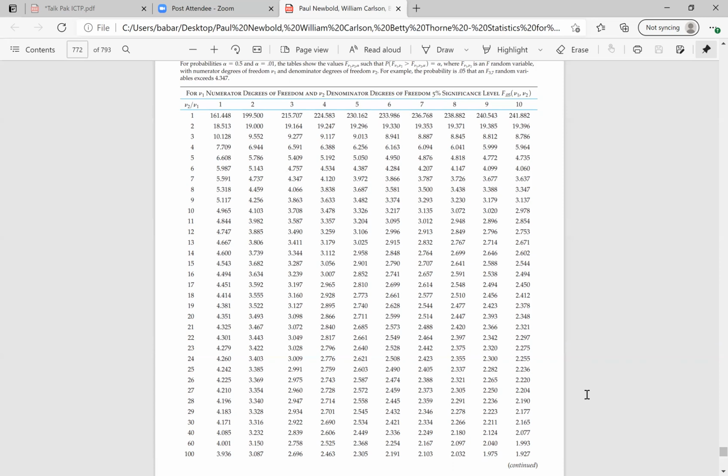So for 3 and 6, I picked this number, 4.757. So my critical value is 4.757. Since my data is giving me a bigger value than that, this implies at alpha equal to 0.05, H naught is rejected. And the two variances are not equal.